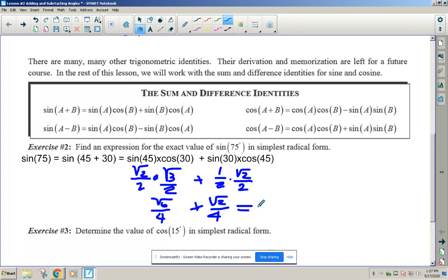In the simplest radical form, the radicals don't match, so I have to keep the radicals separate. That brings us all the way back to chapter 3, with a little nice review on radicals. So here I'm going to add rad 6 and rad 2 all over my common denominator of 4.